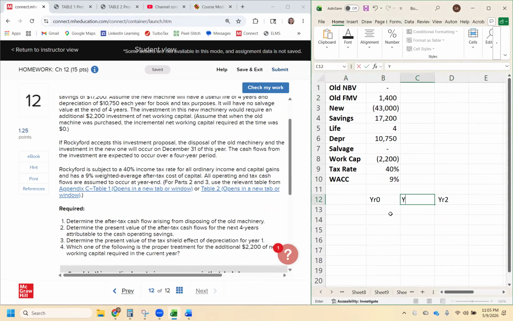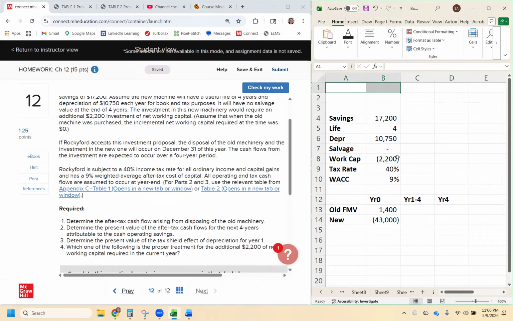I'm going to do actually year 1 through 4, and then a year 4 for the disposal. Okay, so in the current year, we can dispose of the old machinery and get $1,400 and buy the new machinery.